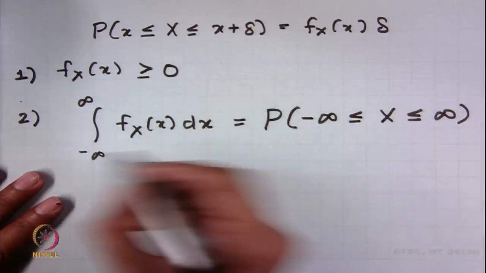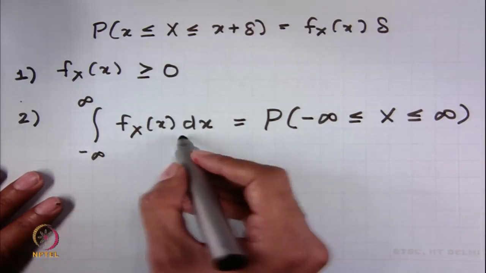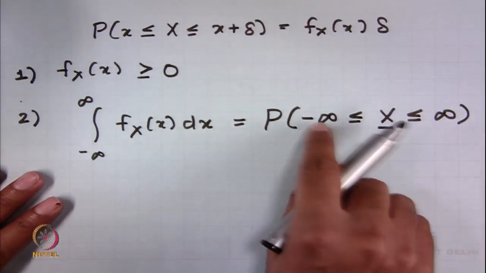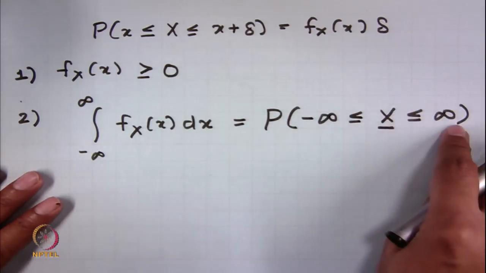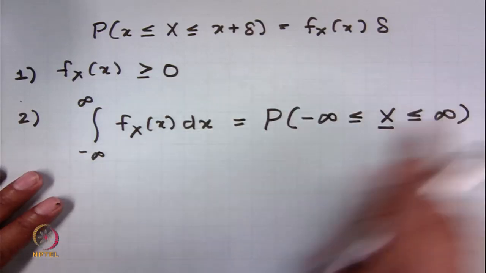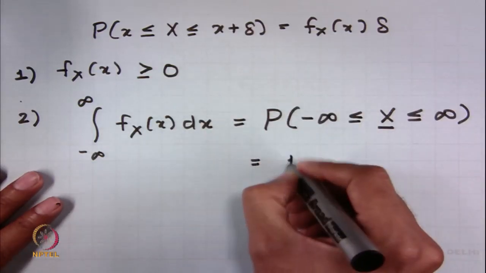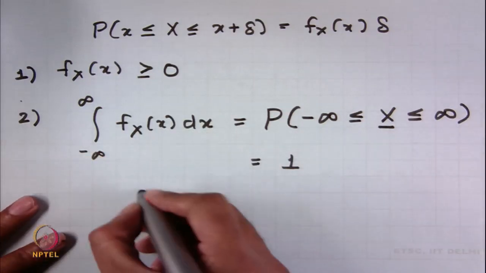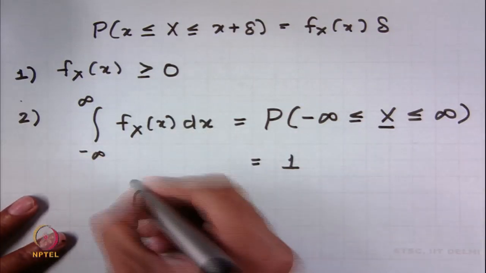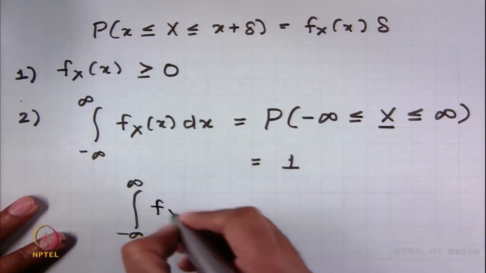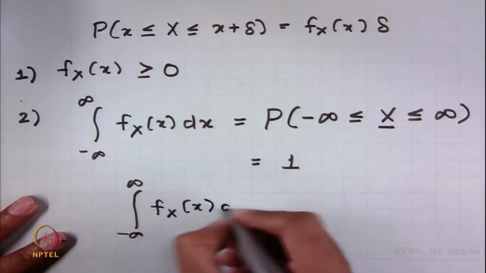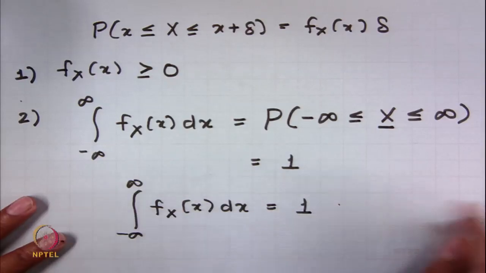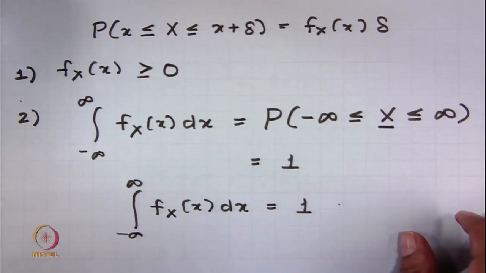What is the probability that this random variable takes a value between minus infinity to plus infinity? As you can see, this probability will be 1. So, we can conclude from this that the integration of probability density function from minus infinity to plus infinity is always 1. So, that is the second property of a probability density function.